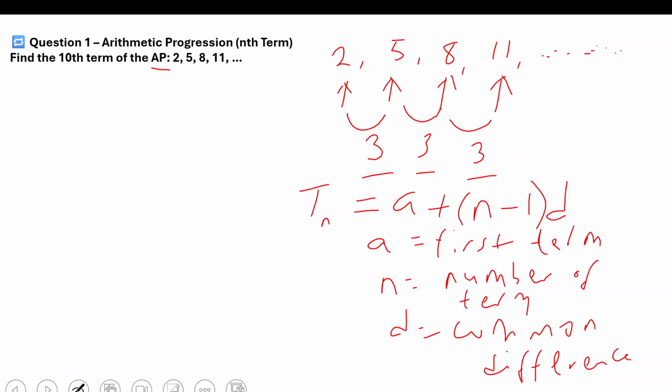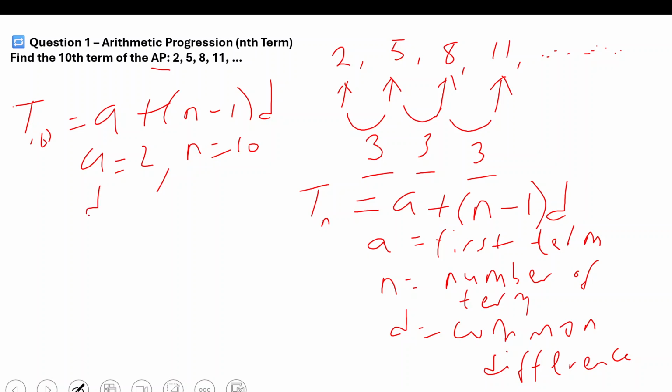Okay, so to find the 10th term, T subscript 10, it is equal to a plus open bracket n minus 1, close bracket, d. For this particular sequence, a is 2, n is 10, and d is 3.